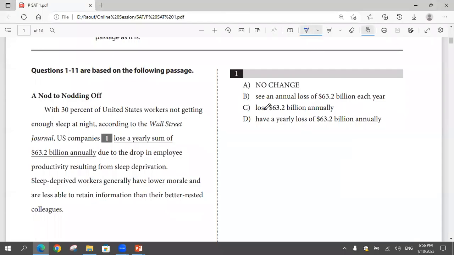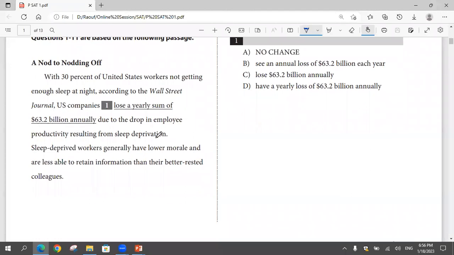Thank you very much to everyone who has tried. Let's see what's wrong with this sentence here. We start the sentence from its very beginning to understand everything we need to understand. With 30% of United States workers not getting enough sleep at night, according to the Wall Street Journal, US companies lose a yearly sum of $63.2 billion annually.